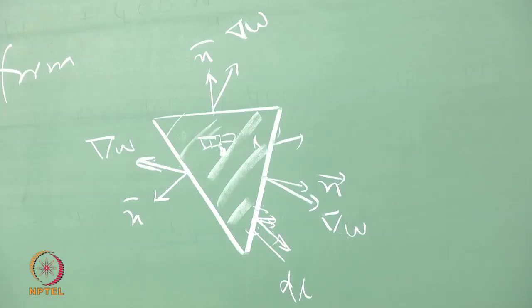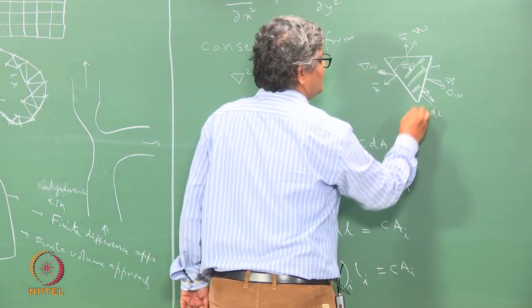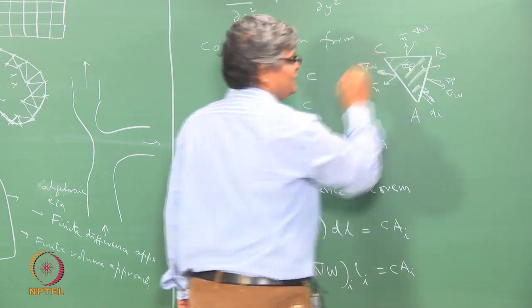So, we can write this by putting A here and B here and C here like this.